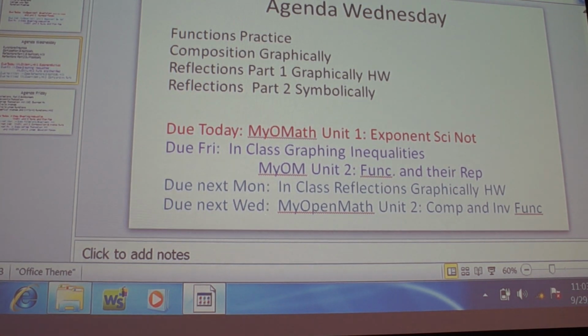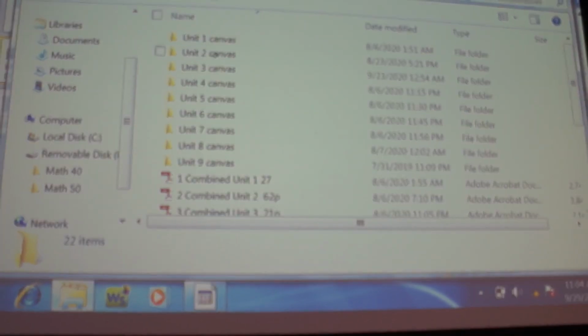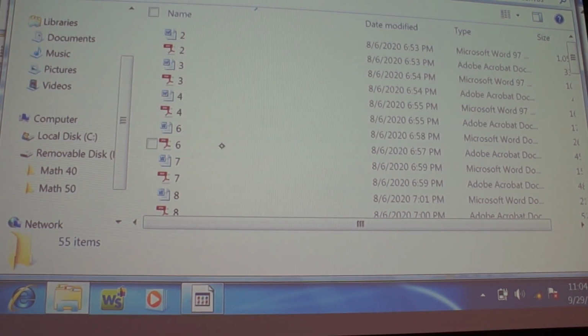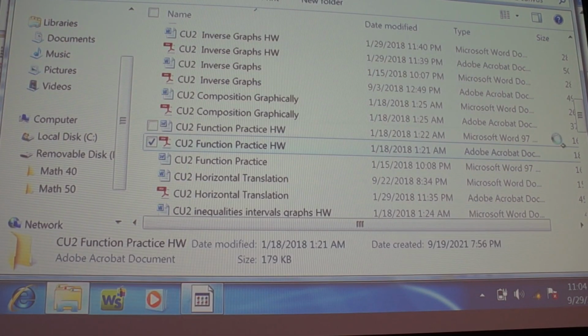Okay. So let's pop out our composition graphically. I'm going to go ahead and grab that. Oh, sorry, your function practice. So unit 2, looking for functions, right?